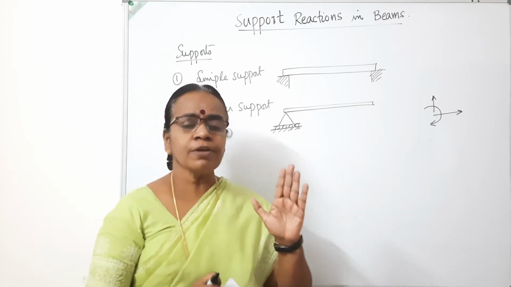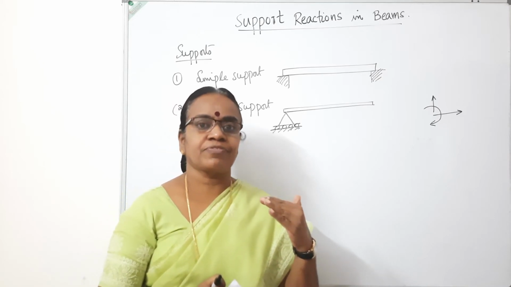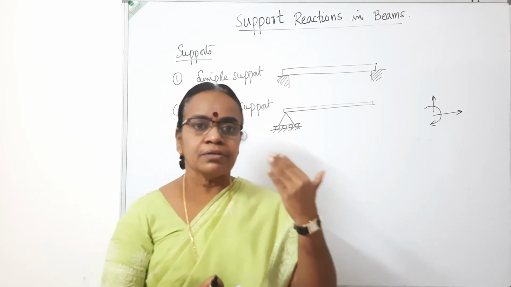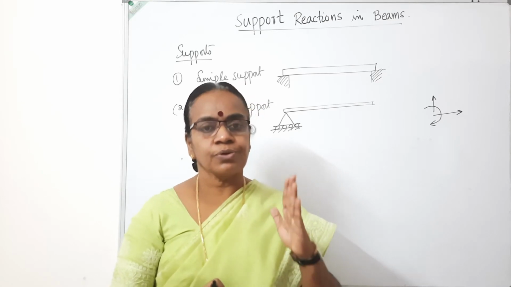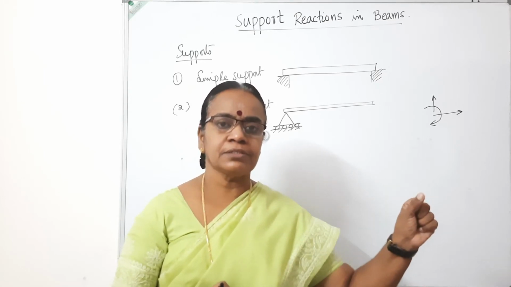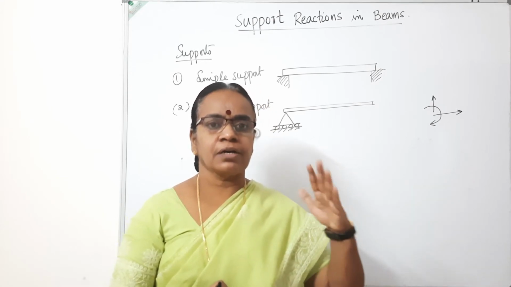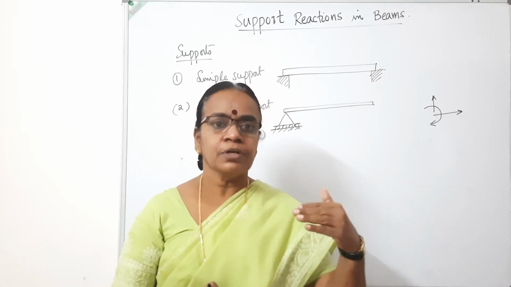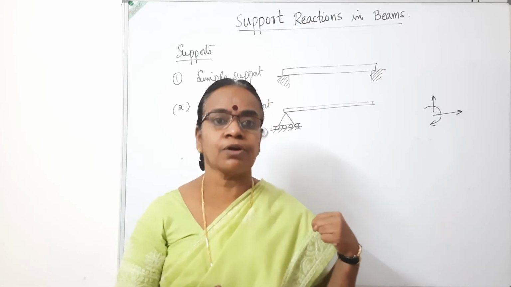So a roller support will not have any action and reaction. You might have studied that for every action there is an equal and opposite reaction. So if a movement is permitted, there will not be any reaction in that direction. Only when we restrict your movement, just like if we say you don't go there, you will put the question back, why? Why should I not go?